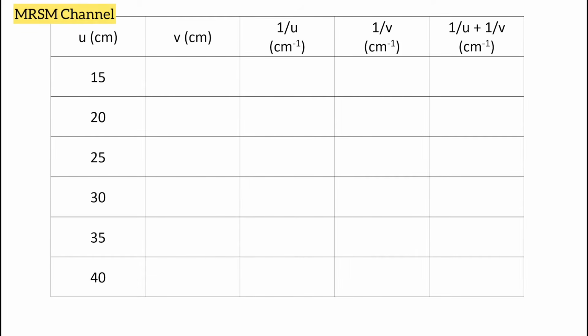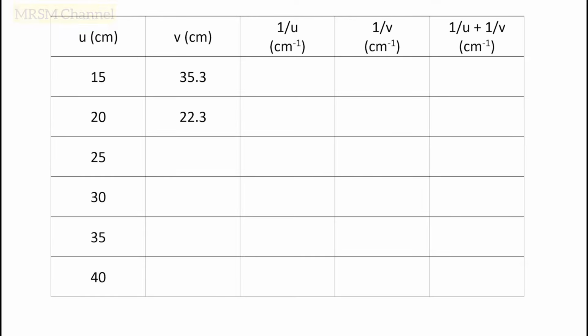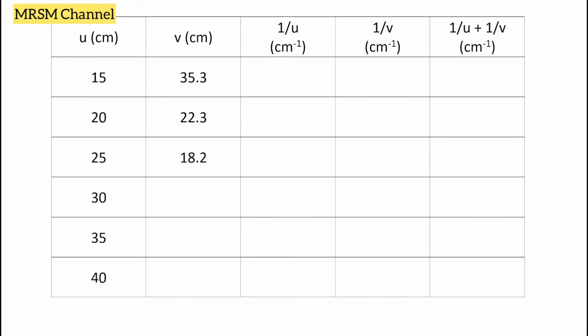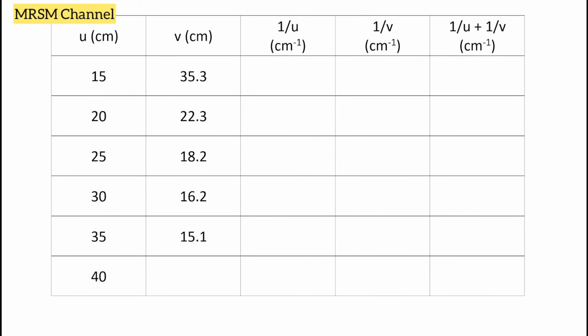So the image distance that I got for each reading is 35.3 cm, 22.3 cm, 18.2 cm, 16.2 cm, 15.1 centimeters, and 14.3 centimeters. Calculating the respective 1 over u and 1 over v will give us these values.